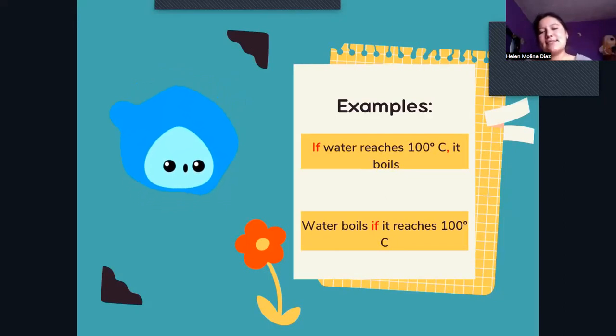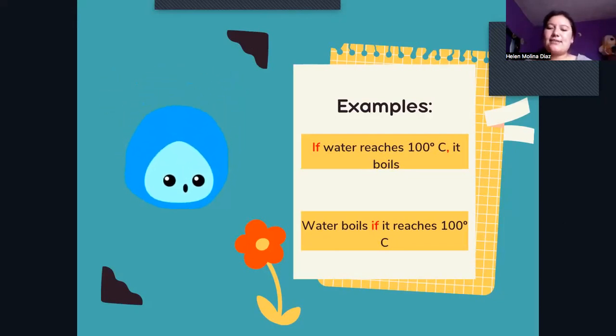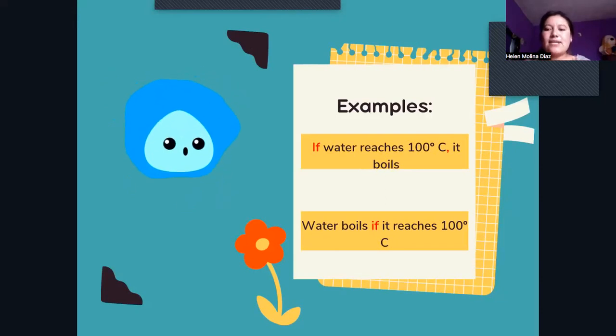The next example is when the sentence begins with the result phrase, and the comma is not necessary. For example, water boils if it reaches 100 degrees centigrade. In Spanish: el agua hierve cuando alcanza 100 grados centígrados.